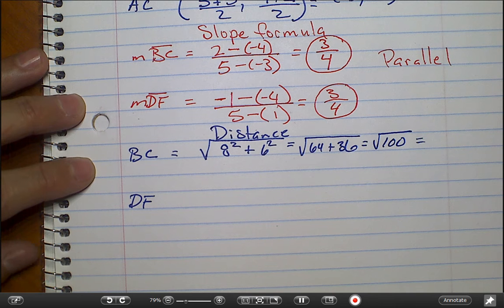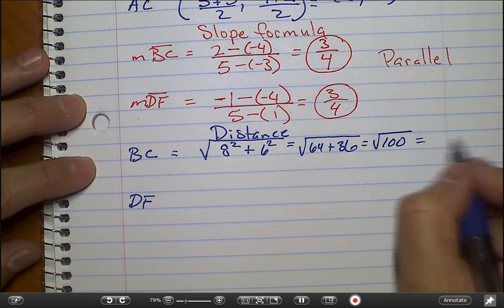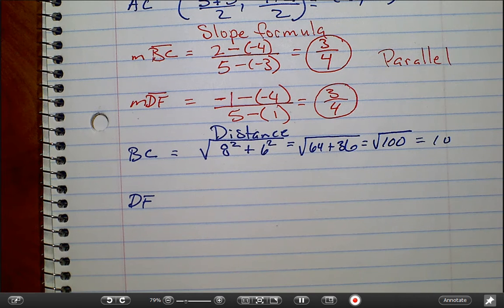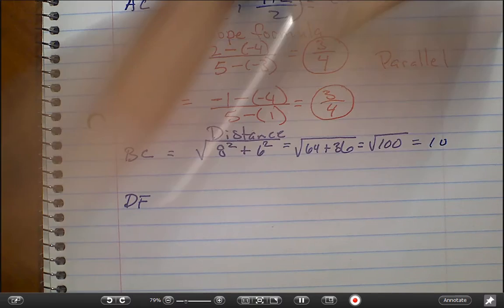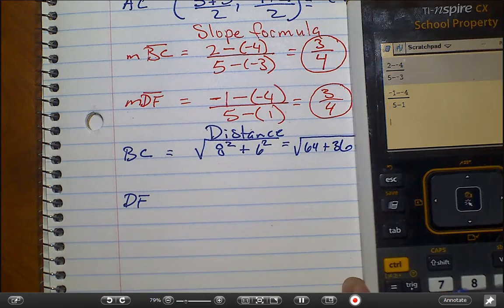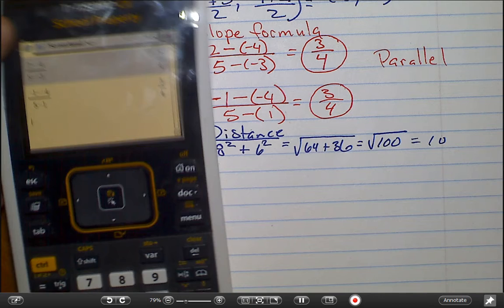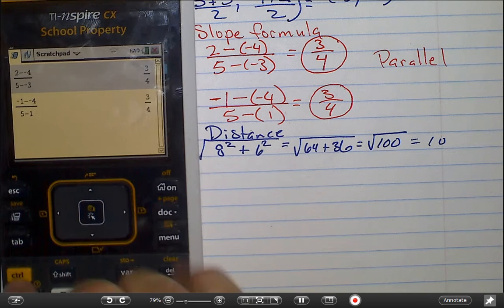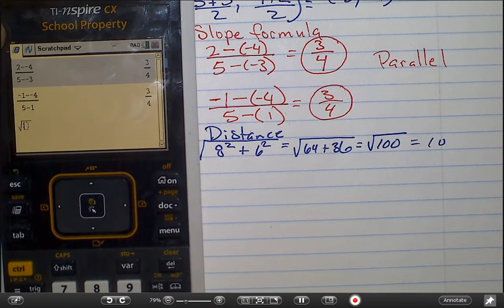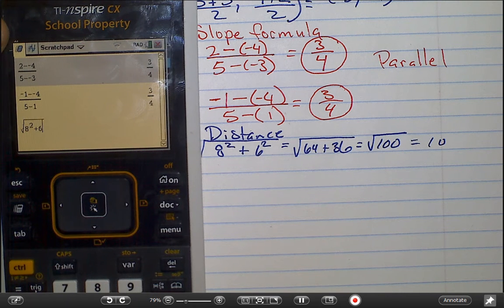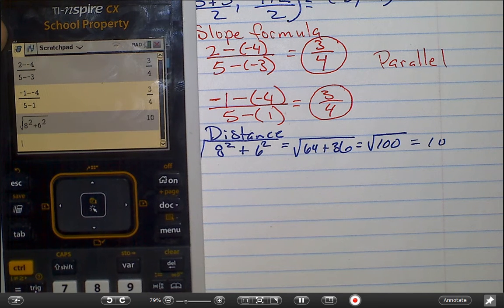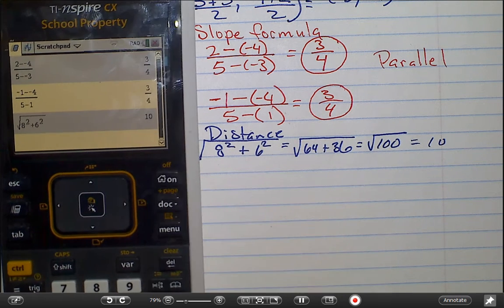And the square root of 100 is 10. Now, we could just do this in the calculator too, but I wanted to show you guys the work for this. So in the calculator, I could just go second x squared, 8 squared plus 6 squared, enter, gives me 10.